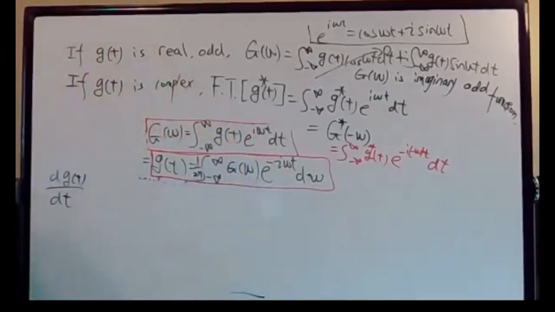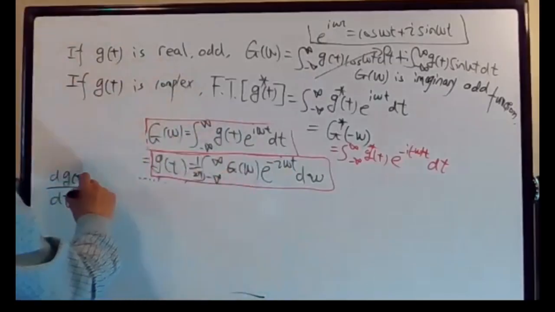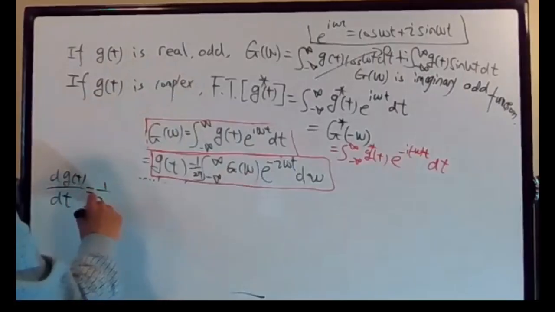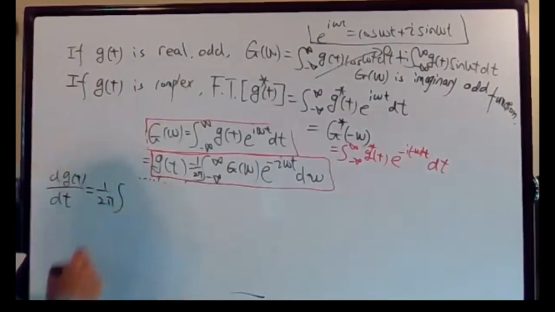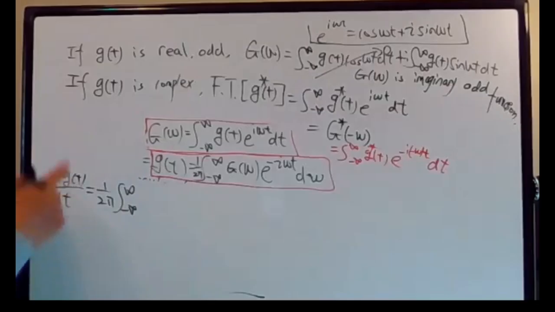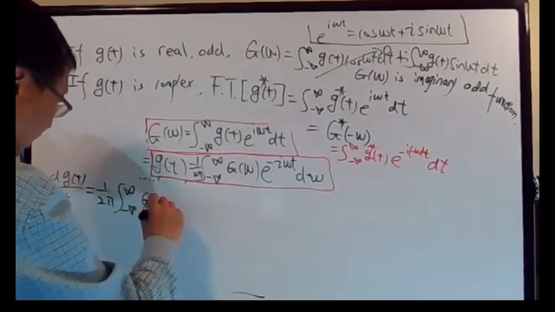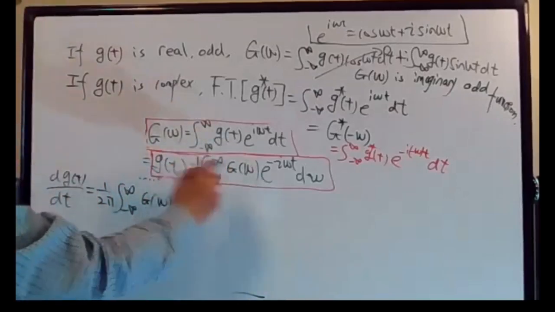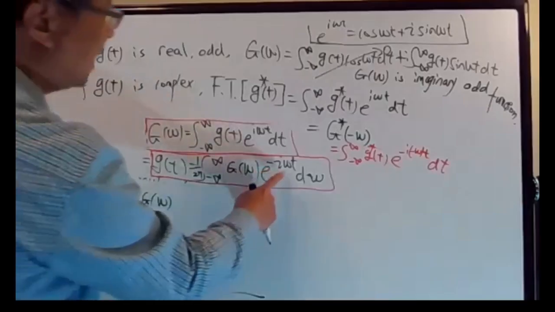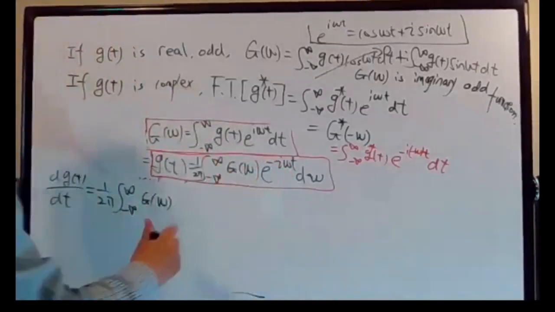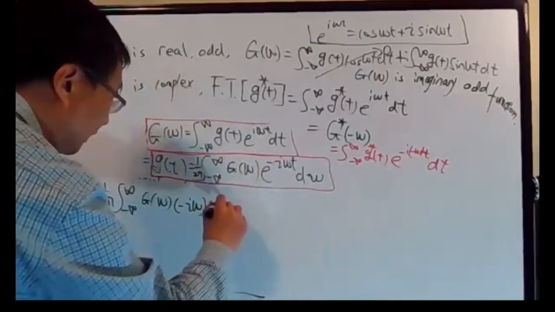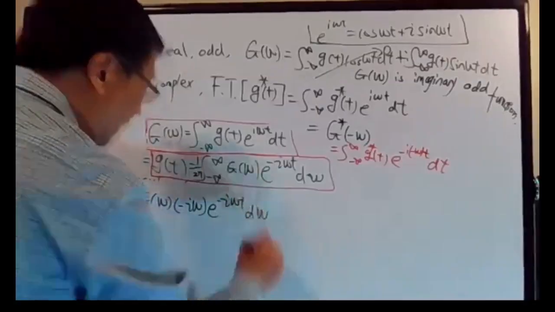So if we take a derivative, then we will have 1 over 2 pi, the integral from negative infinity to infinity of G(omega), and then the derivative gives negative i omega, exponential of negative i omega t, d omega.